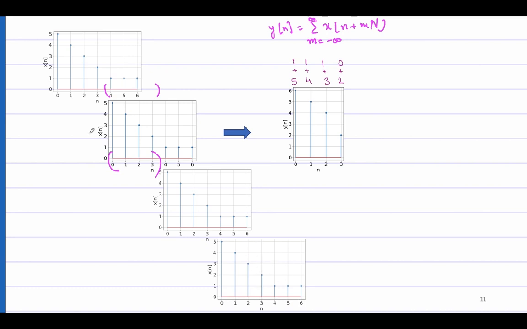In this way, I have written down all x[n], because my m can take values from minus infinity to plus infinity, and that is why it is shifted. So this was my thing, and this is shifted.